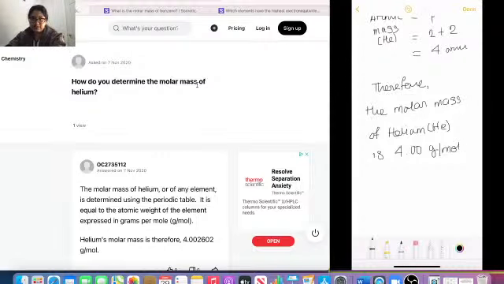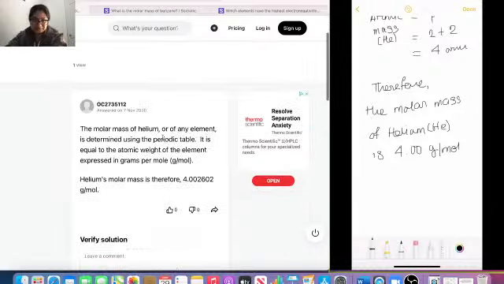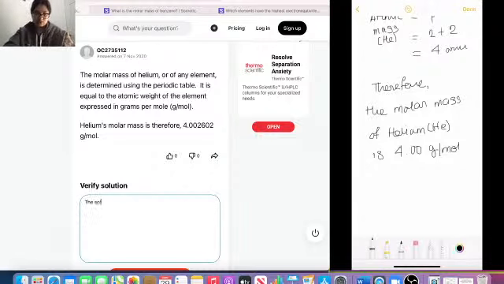Okay, and you can see this right here. It's also given in the periodic table right here. So this is your atomic mass and the same thing as your molar mass. And this is one atom of helium basically. So, the solution.